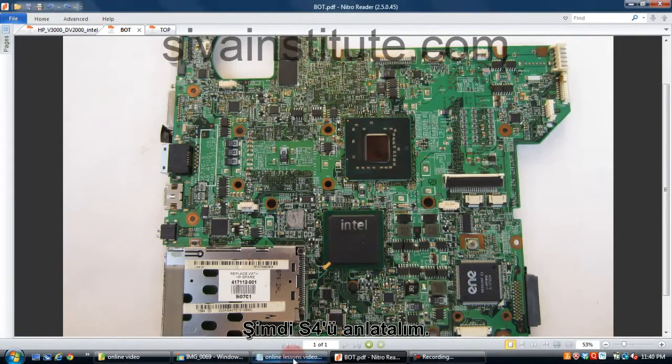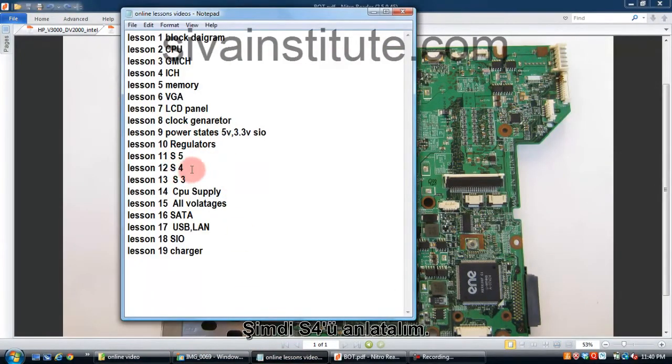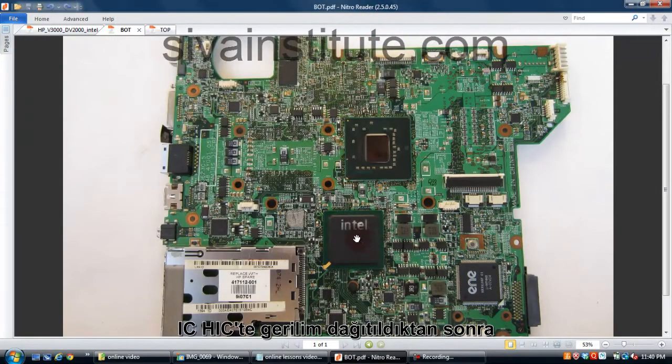Next, the S4 command. S4 is the memory supply. That means after the ICH releases the S4 command, that voltage comes to this memory supply regulator. The voltage goes to these output FETs.